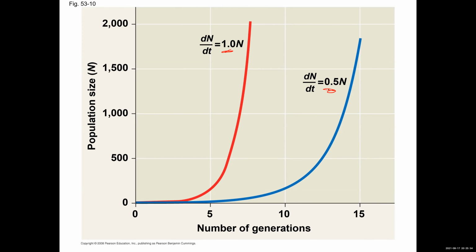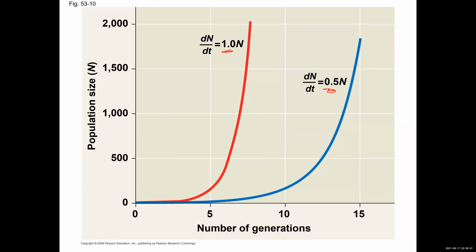It's gotten to over 1,500 individuals after only 7 generations, whereas it takes 14 generations for the other population to get there. So the bigger the little r, the faster the population's increasing. Sometimes we talk about the x-axis on these graphs as time. Sometimes we talk about it as number of generations, right?